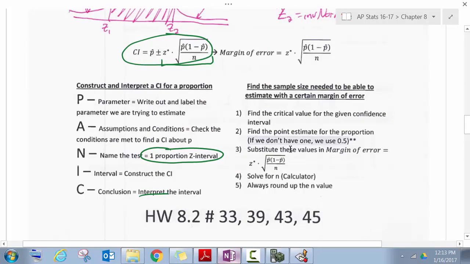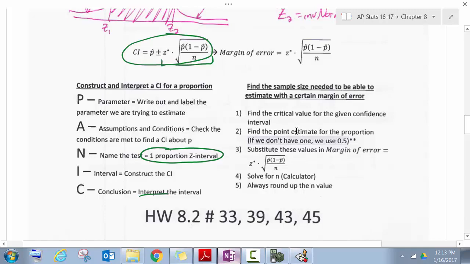Now, the other type of problem that we have to look at is finding the sample sizes needed to be able to estimate within a certain margin of error. So we need to find the critical value for the given confidence interval, just like what we did over here. Find the point estimate for the proportion, and if we don't have one, we use 0.5.